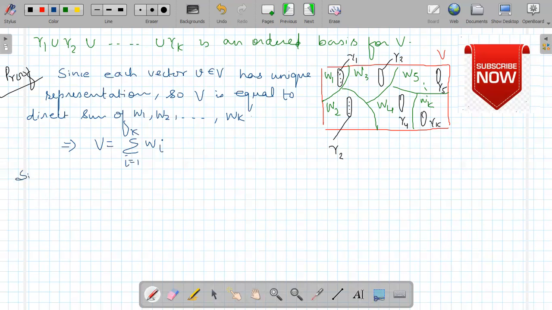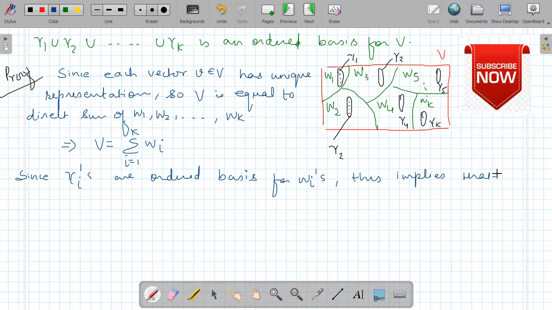We'll write, since the gammas are ordered bases for the Wi's, this implies that gamma 1 union gamma 2 union gamma k generates V.